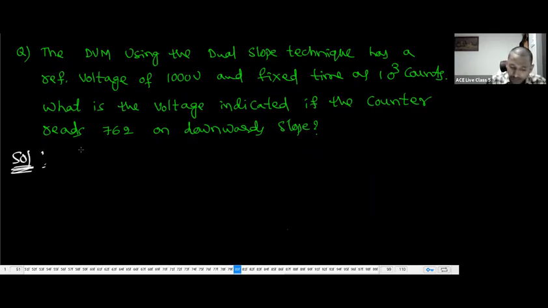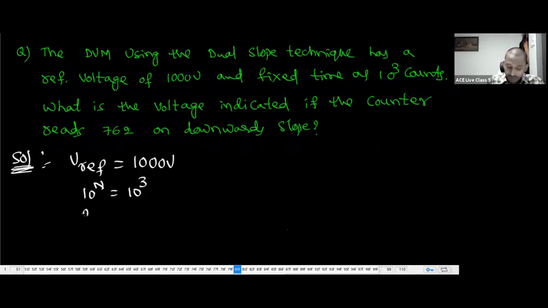Here, V reference is 1000, of course negative, but I am taking the magnitude. 10 power n is nothing but 10 power 3, and the X value is 762. Then he is asking for Vm, or we can say V input.